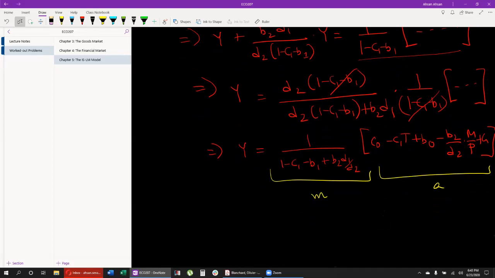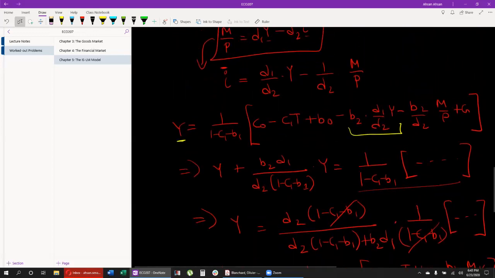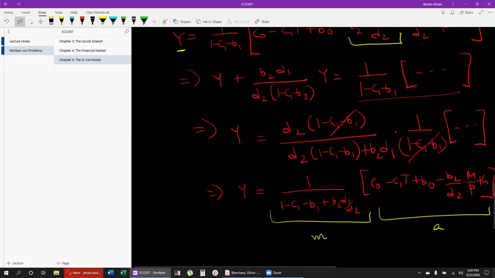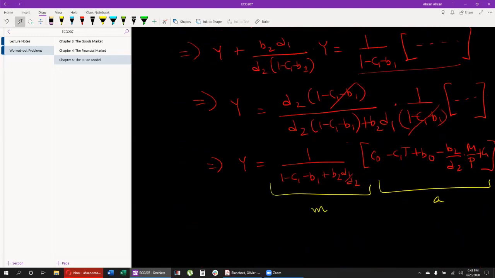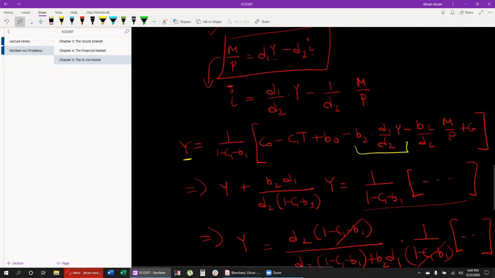And as I've already told you guys, I'm not going to expect you to do calculations like this. At the end of the day, this is just algebra, and this is a macroeconomics course, not algebra. So I'm not really focused on whether you can do all this algebraic stuff, but what might help is to think about what we have done here: we're allowing the government to keep the interest rate fixed.